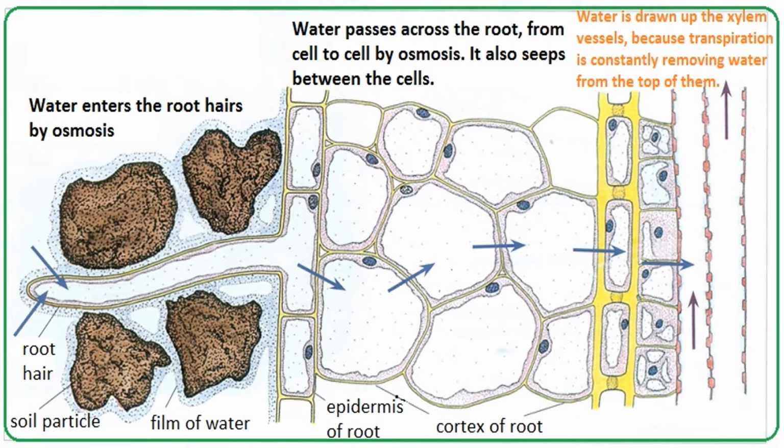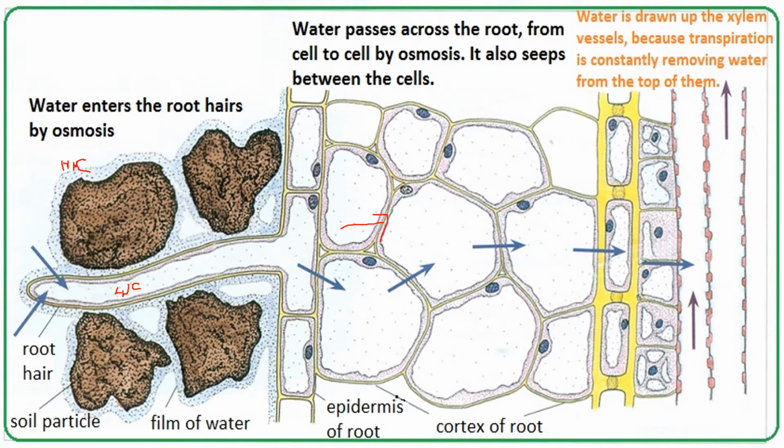So let's look at this in more detail and review it. So water enters the root hairs by osmosis from the high water concentration in the soil to the low water concentration in the root hair cell. Your root hair cell is adapted because it's got a large surface area, so it can absorb maximum amounts of water. Your water then passes across the root from cell to cell by osmosis and also seeps between the cells.